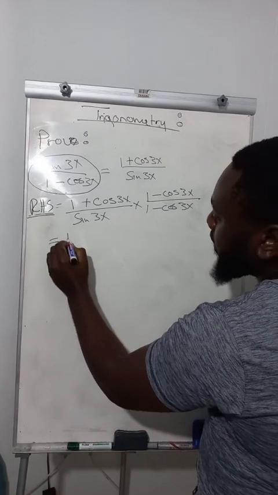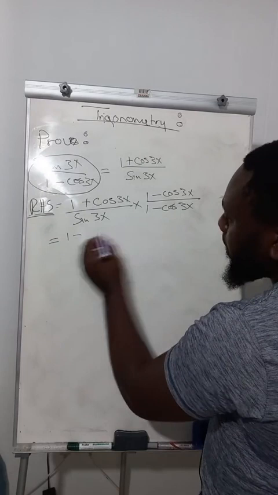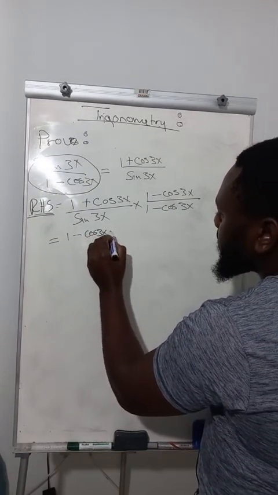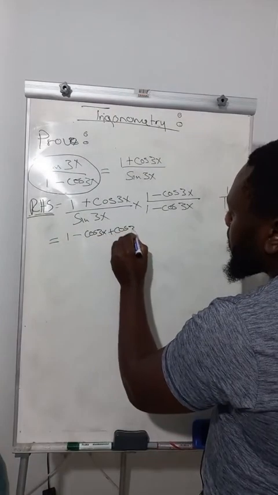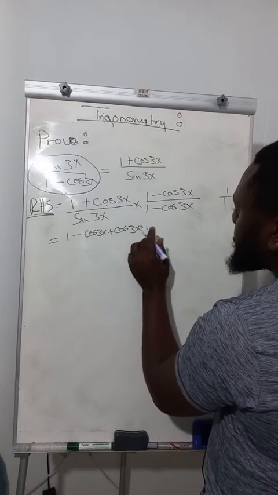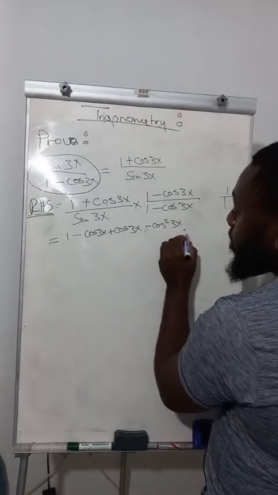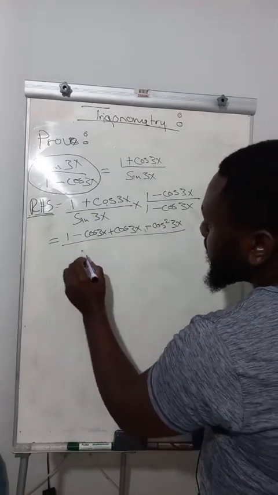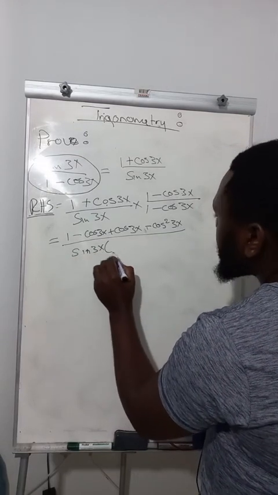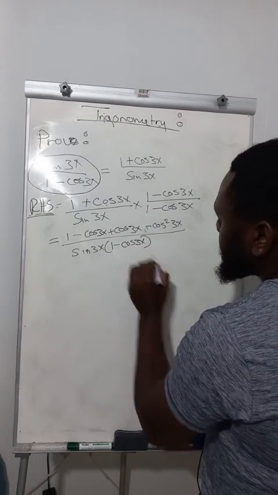On top you'll have 1 and then minus cos 3x plus cos 3x, and then cos and cos will give you a negative cos squared 3x, all divided by, let's keep the sine 3x the way it is, and then 1 minus cos 3x.